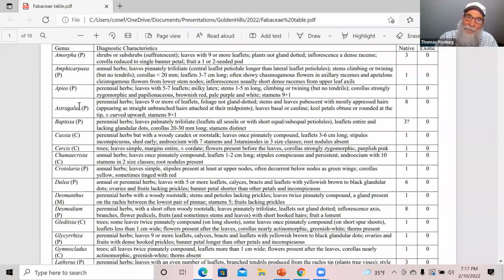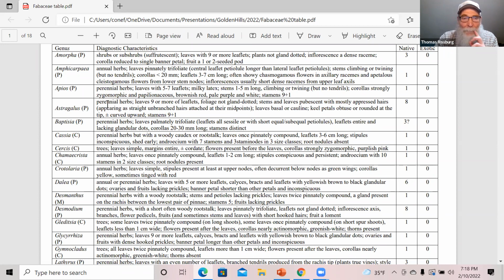But 5 of them are listed, and that means they're not species you're probably going to see very much of. There are only 3 that are really very common: Astragalus canadensis, Canada milkvetch, Astragalus crassicarpus, the ground plum, and if you're in the Loess Hills, Astragalus lotiflorus, the lotus milkvetch.